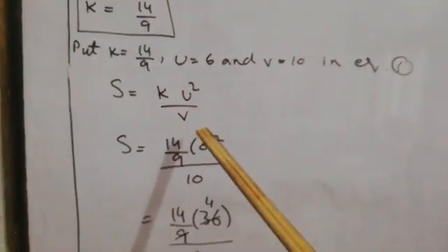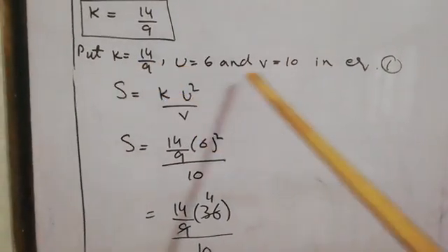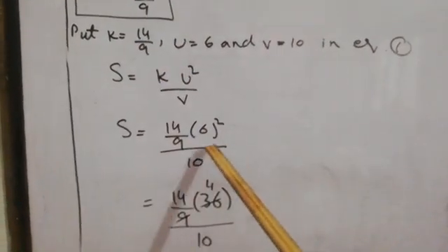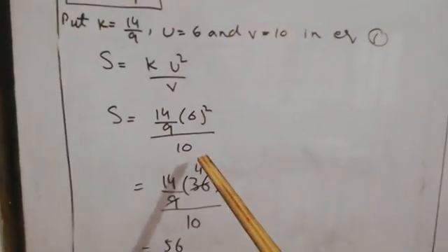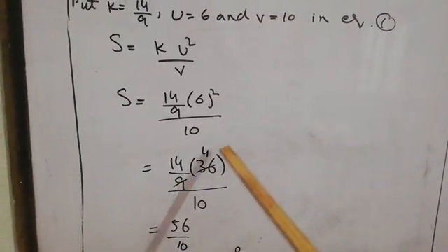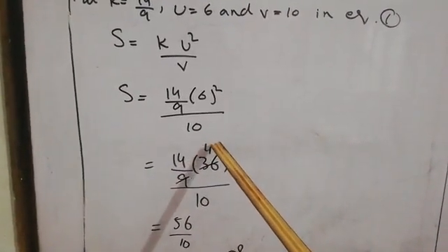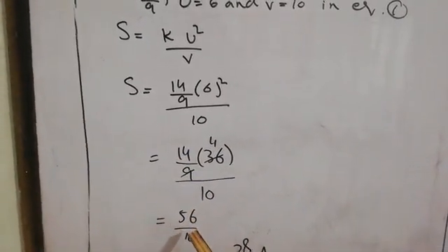So S is equal to K U square by V. Put the values of U, K and V in this equation. 14 by 9 into 6 square divided by 10. 6 6s are 36, so 9 1s are 9, 9 4s are 36. Then we will multiply 14 4s are 56 divided by 10.